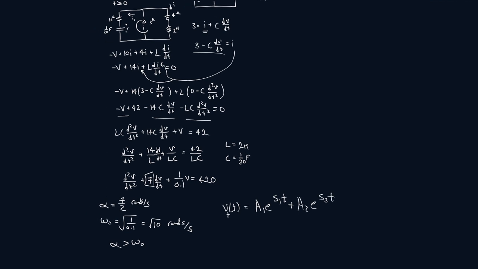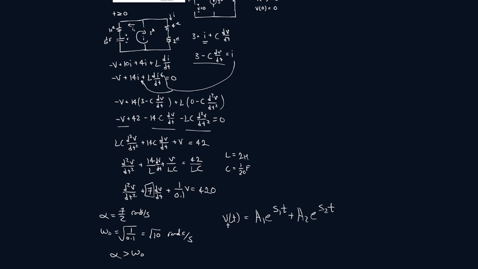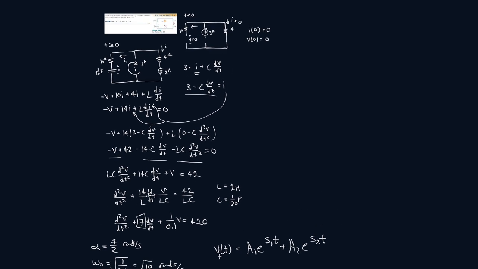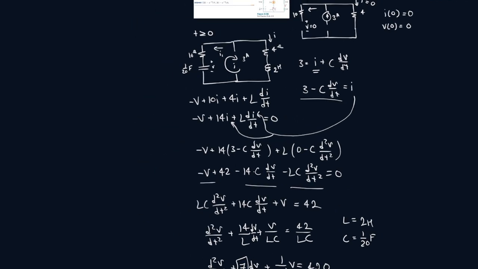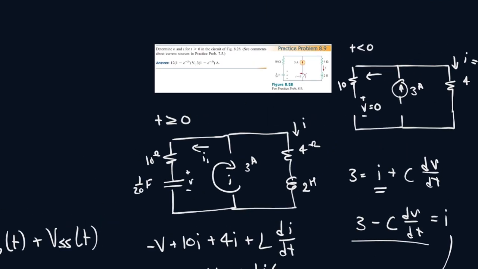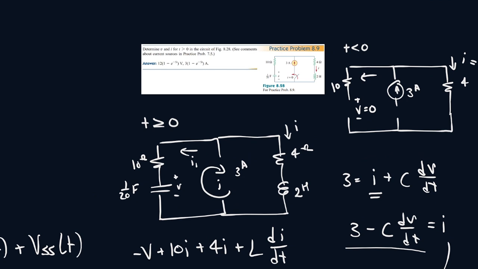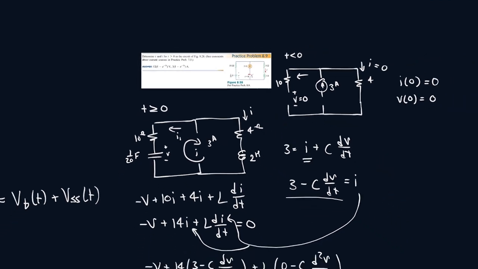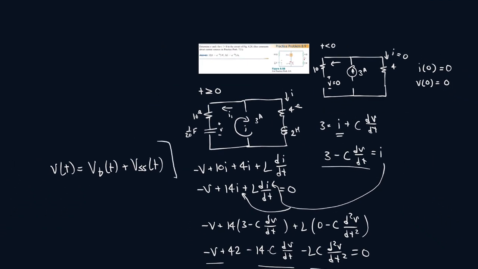Okay, and when we find our S1 and S2 values, we're going to add the steady state response, and that's going to give us our Vt value, because recall Vt is equal to Vtt plus Vss t. You use this formula if you notice that when you flip the switch on in this circuit there's still a source in, whether it's a current or voltage source.